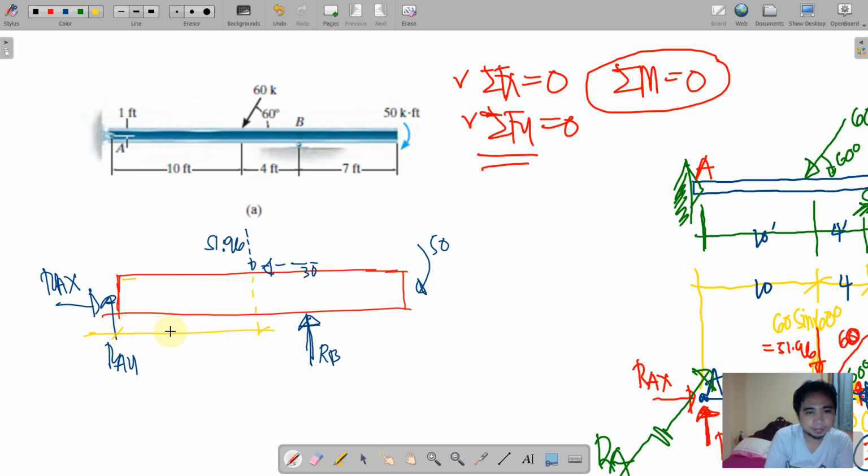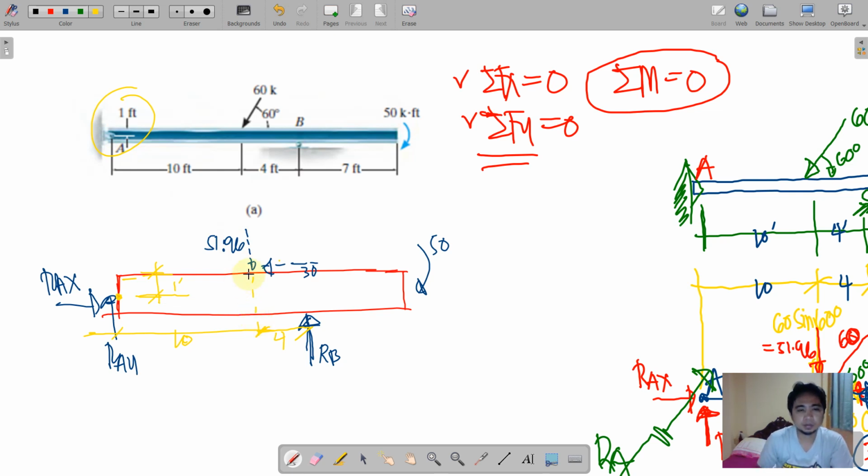Ilan lahat yan? 10. This is 10. This is 4. Okay. So ito naman, kung kanina tapat yan dito sa moment point mo, meron daw siyang distance. Okay, so this distance is 1 foot. Okay, yun. This one. 1 foot.